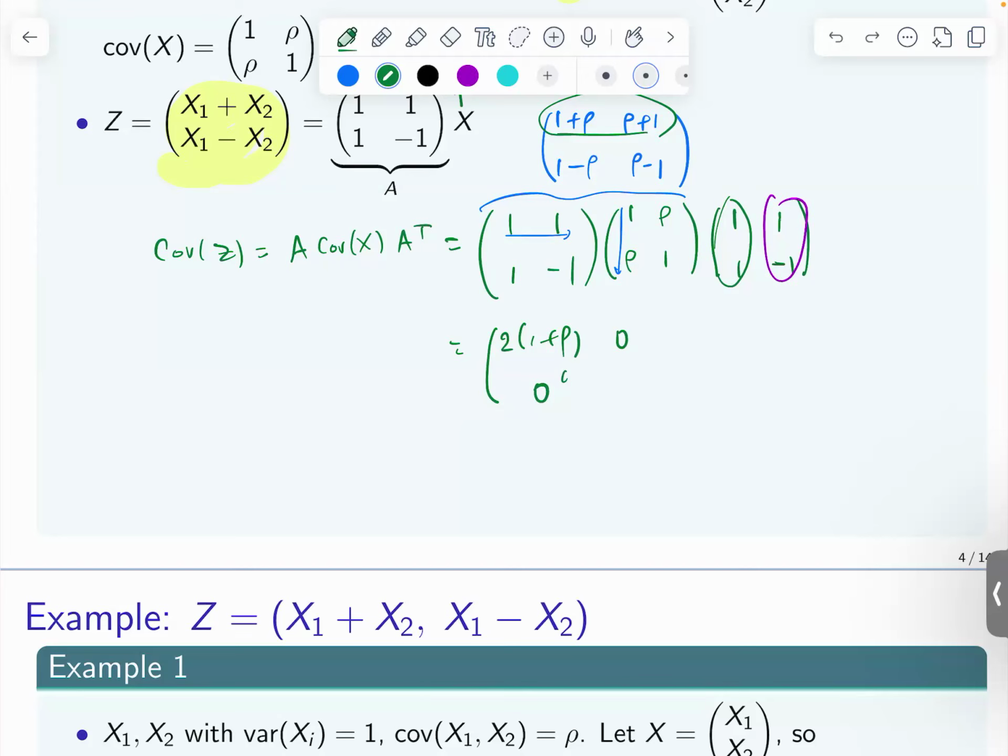And then what is the last one? You get 1 minus rho, and the other one flips the sign, so you get 1 minus rho squared. Is that true? No. What did I get? 2 times (1 minus rho). Yes, the two opposites cancel. Okay. Done, right?